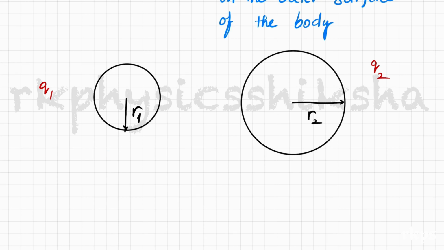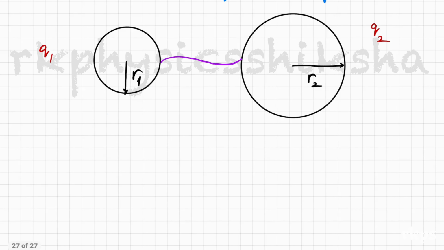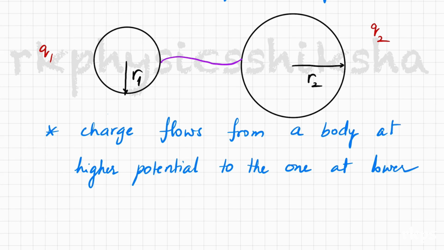Now what happens if these two spheres are connected by a metal wire? If I have them connected with a metal wire, charge flows from the body at higher potential to the body at lower potential.